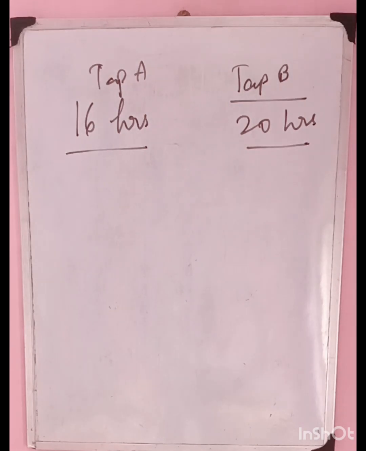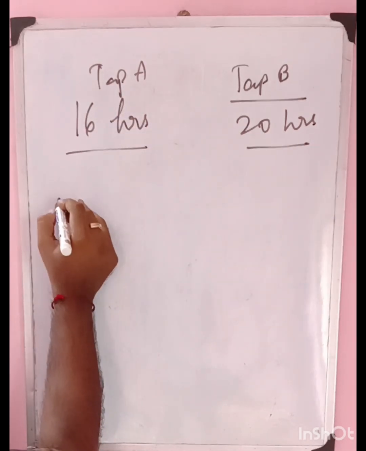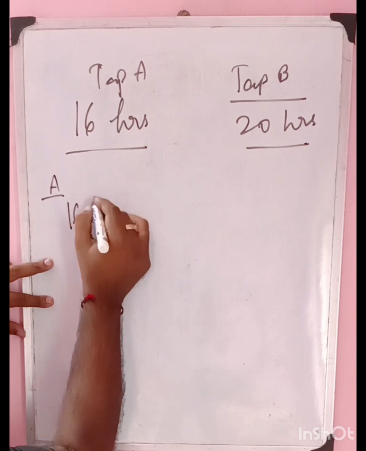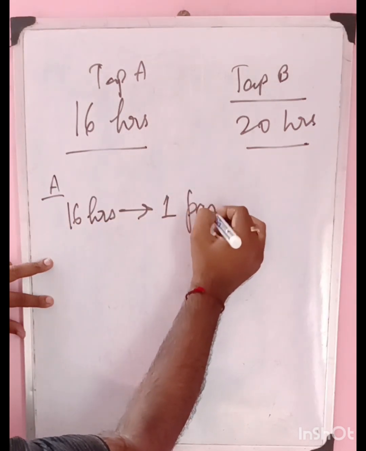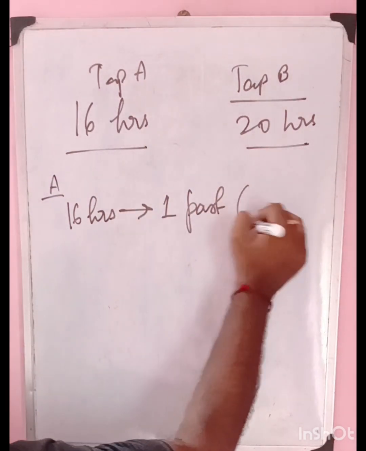Okay? To solve this type of problem, you have to find out the portion of work, or the fraction of work done in unit time, that is 1 hour. For tap A, it takes 16 hours to fill one part, that is the total.